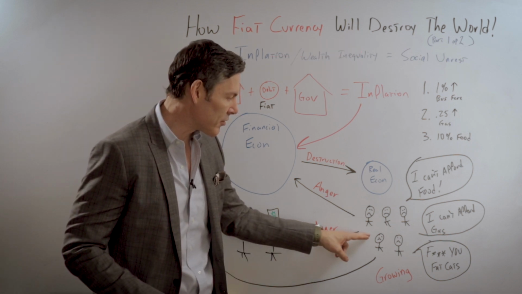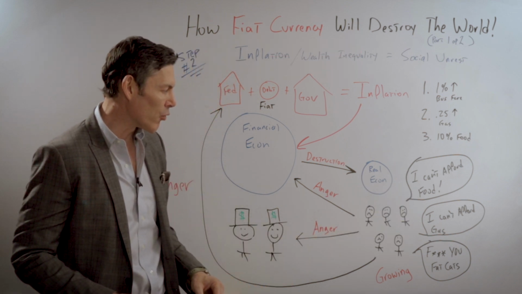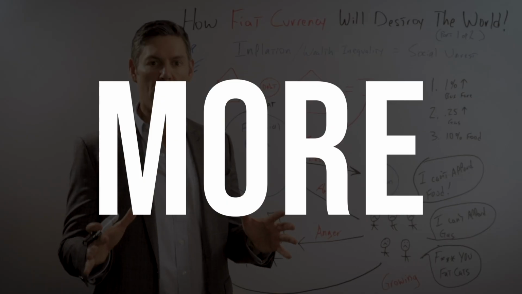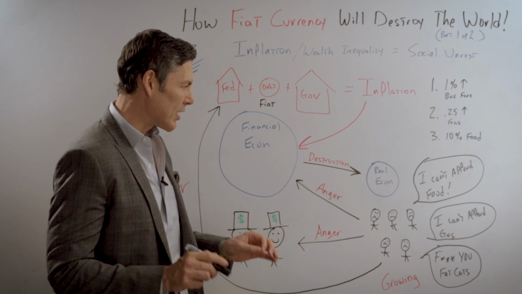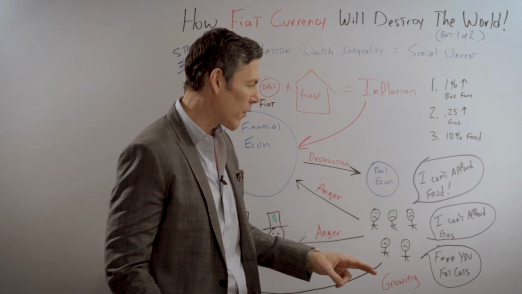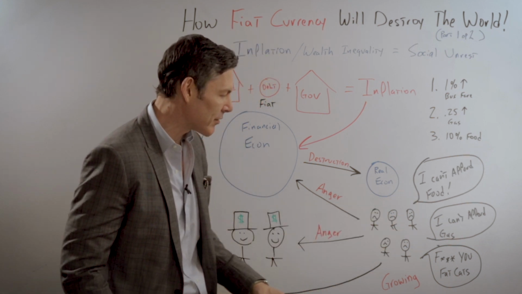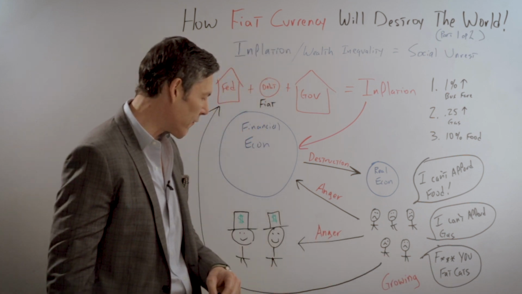This really starts to anger the people in the real economy. They get more and more angry, and it's like this powder keg that's ready to blow. They're saying, I can't afford food, I can't afford gas. F you to the fat cats.